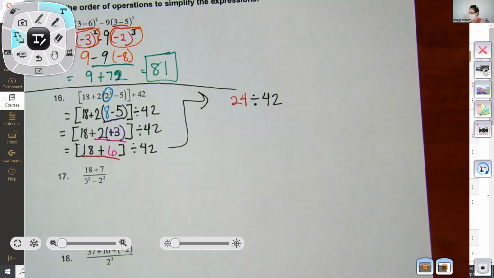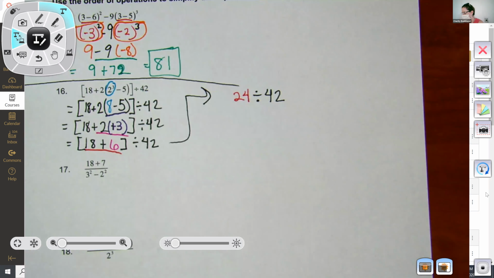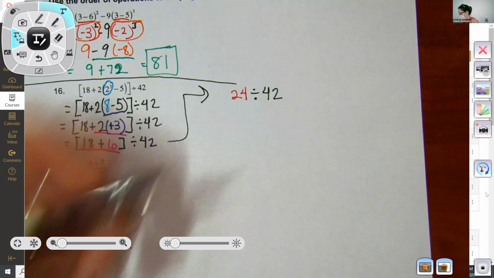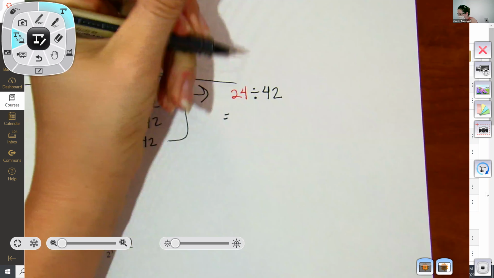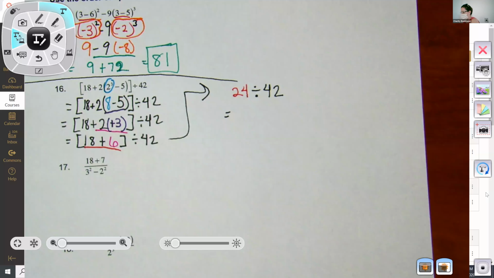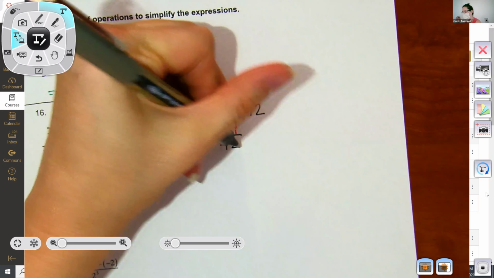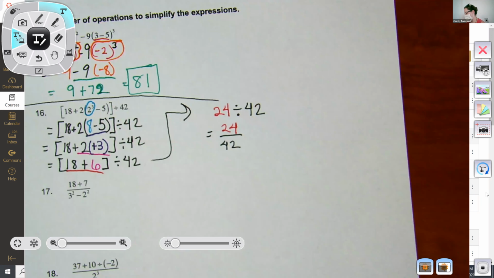Obviously 42 doesn't go into 24. So probably what we want to do is write that as a fraction and reduce it. That's the same thing as saying 24 over 42. And then we need to reduce that.